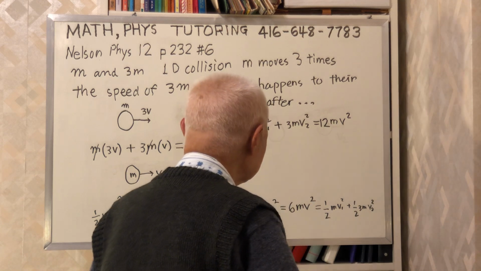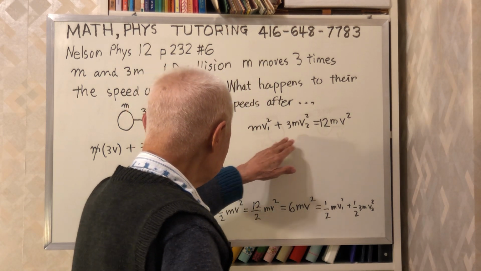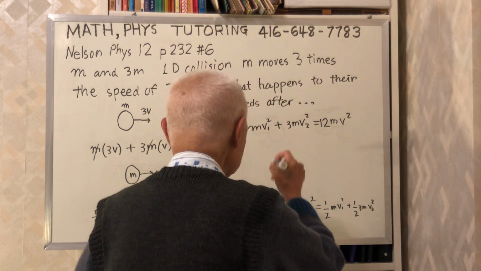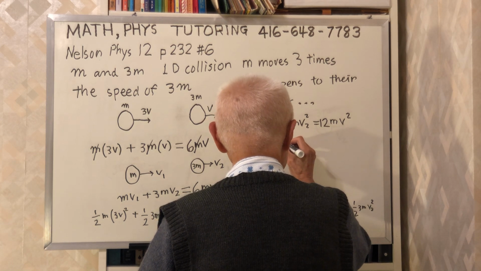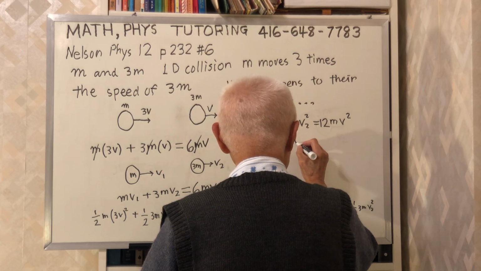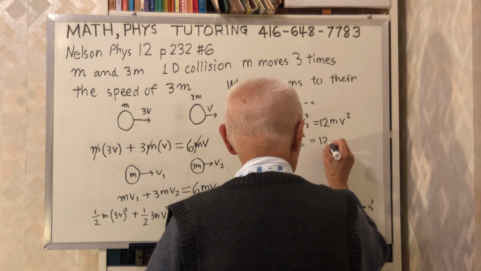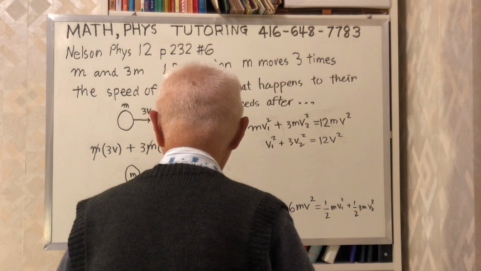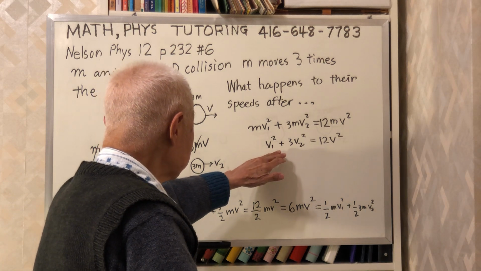Okay. So this is a kinetic energy relation. Or I can simplify, cancel the m, so I have v1 square plus 3v2 square equals 12v square. And that is kinetic energy consideration.